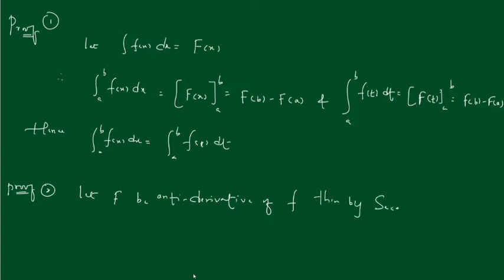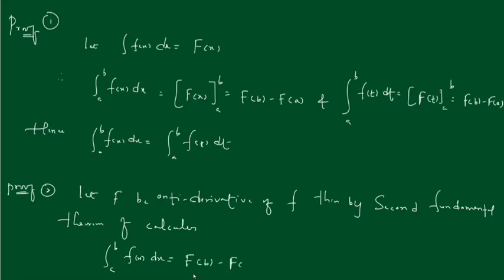Then by the second fundamental theorem of calculus, we have integration a to b of f of x dx equals F of b minus F of a, which can be written as, by taking minus common, minus of F of a minus F of b.